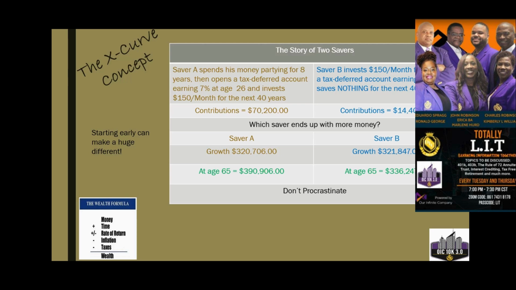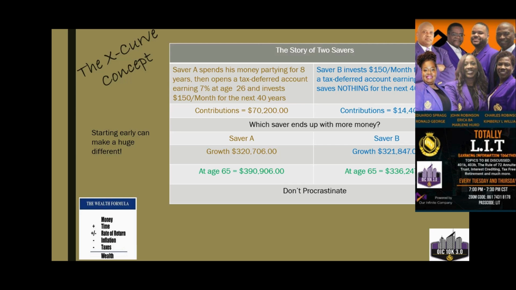And at the age of 26, he invests $150 a month for the next 40 years. Can't you see that? For 40 years. So his total contributions that he's saving for his retirement future adds up to be $70,200. That's a lot of money, but let's see what he has in the end.